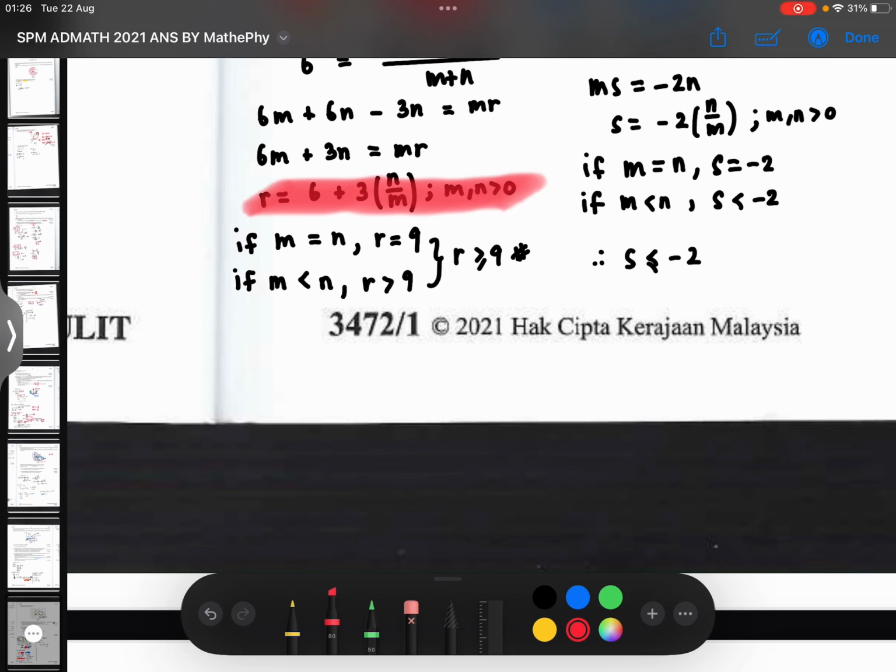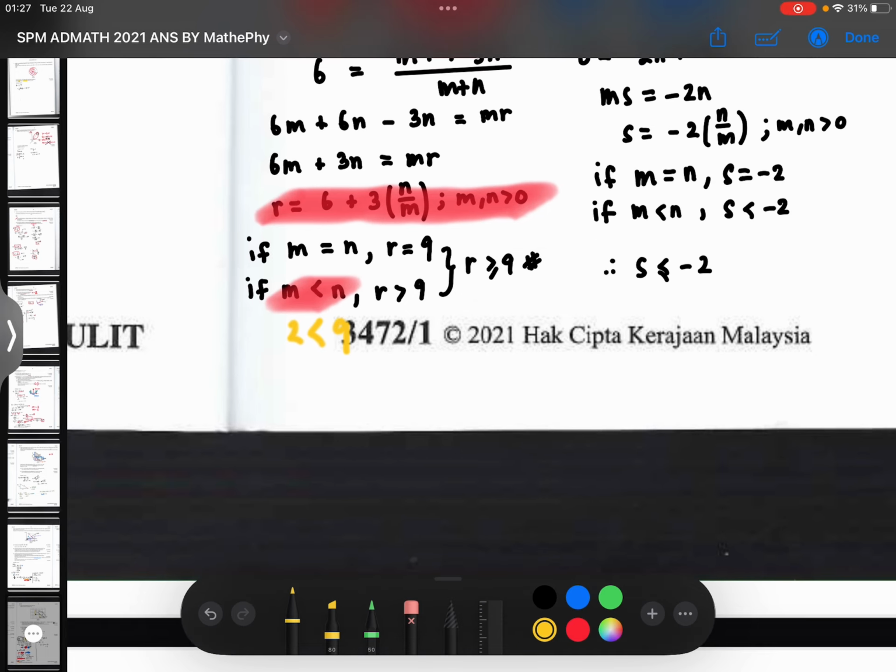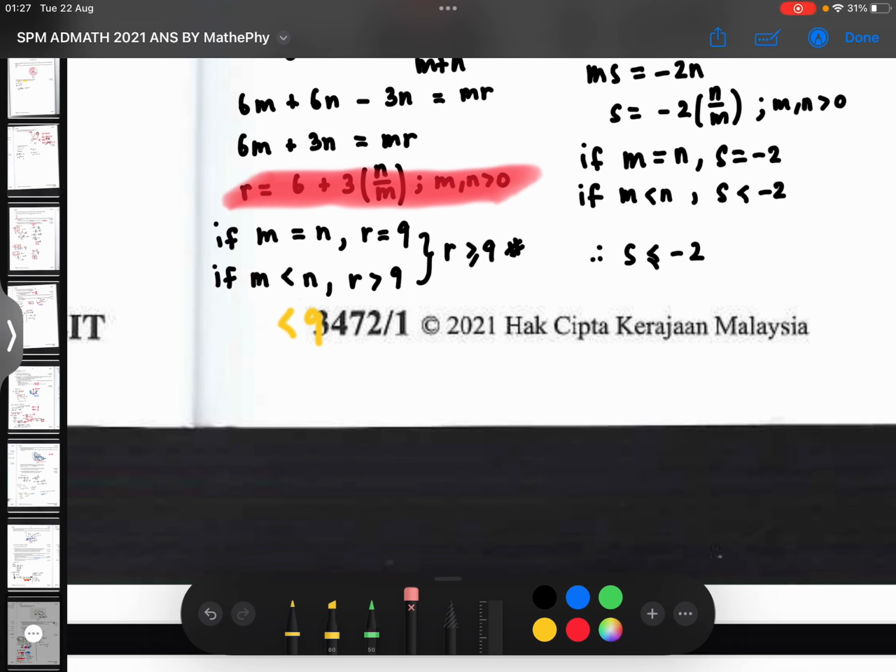But if M is less than N, just imagine for example I put some value, maybe the whole number 3 for M, and N is 9.